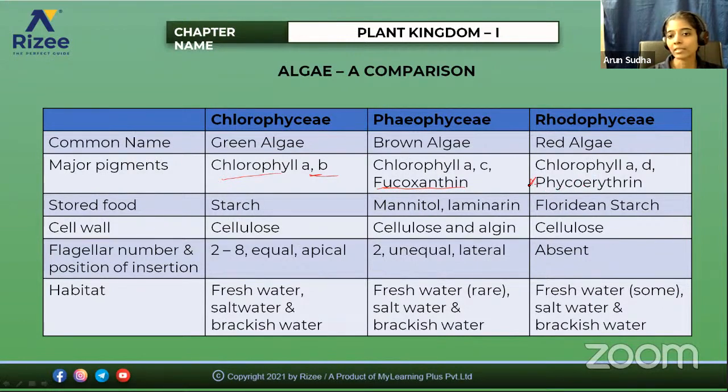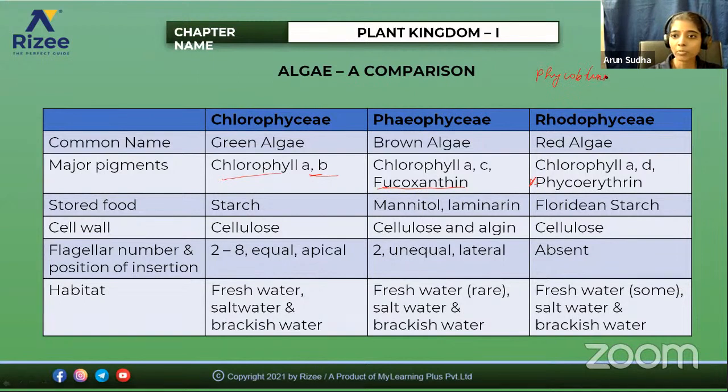So what is the difference? In red algae, the phycoerythrin present is R-phycoerythrin. But in some cyanobacteria, the blue-green algae, this pigment phycoerythrin is also present, and there it is C-phycoerythrin. The pigments are generally phycobilins.